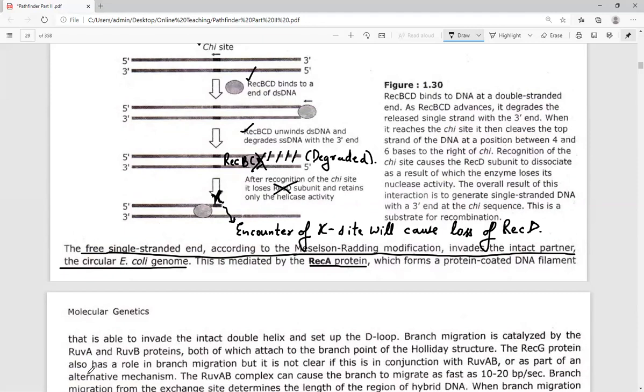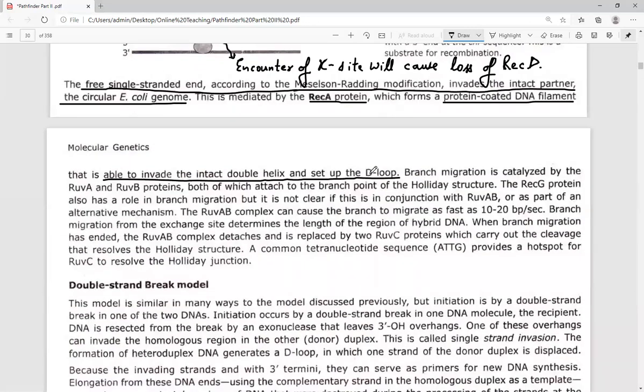The RAC-G protein also has a role in branch migration. Then there is another protein that will be attached. First RAC-A has been attached to form a protein-coated DNA molecule. This protein-coated DNA molecule is able to invade the intact double helical DNA molecule and set up a D loop. It will lead to the formation of a loop, and that is called the D loop.